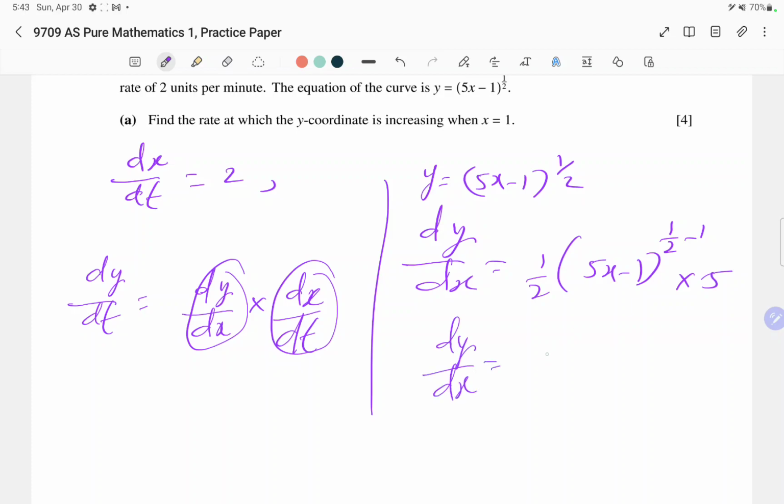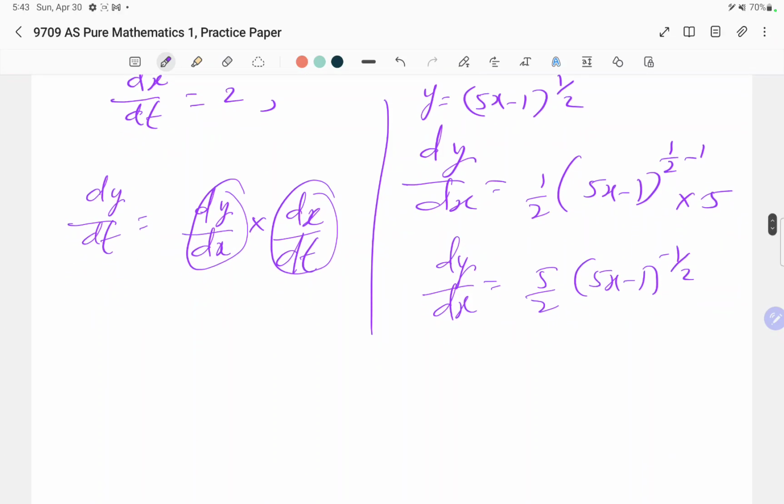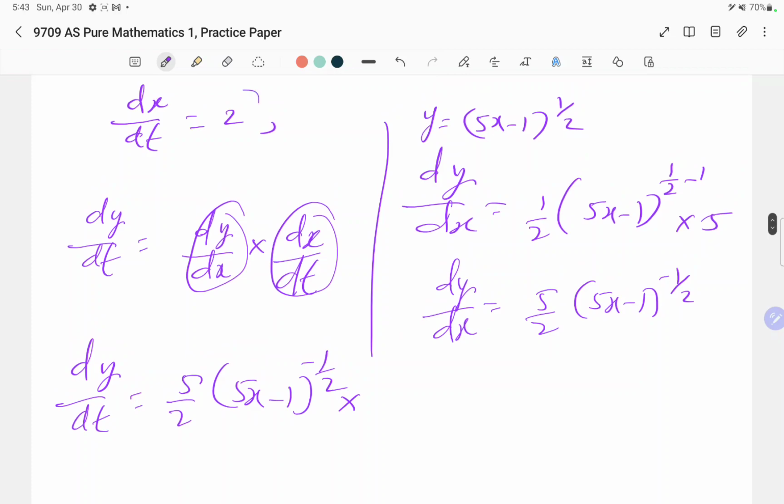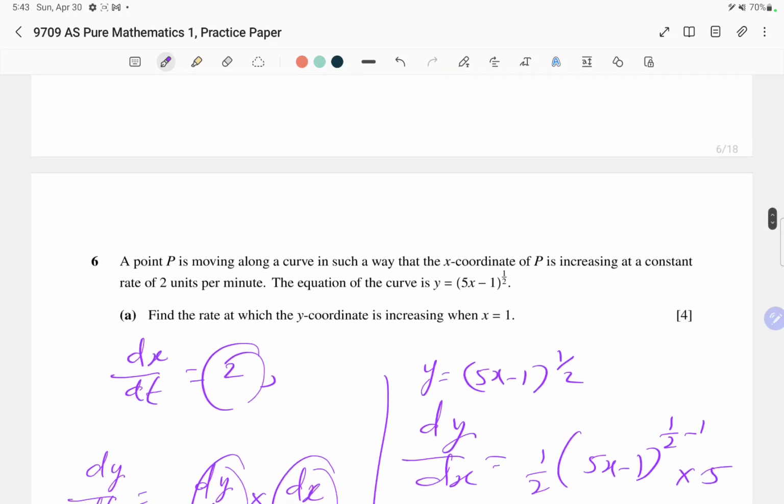Now dy by dx is 5 over 2, 5x minus 1 to the power minus half. So finally, dy over dt will be 5 over 2 times 5x minus 1 to the power minus half, and then dx over dt I will write 2.